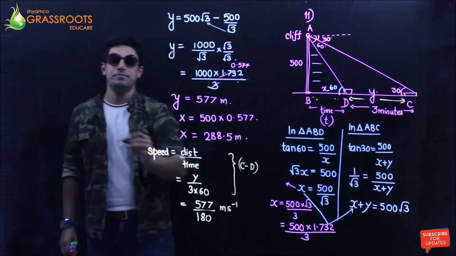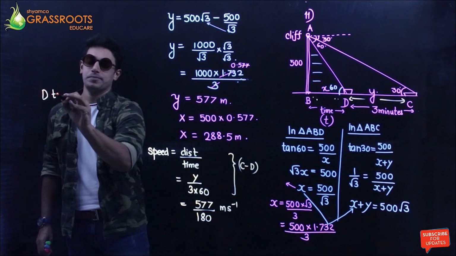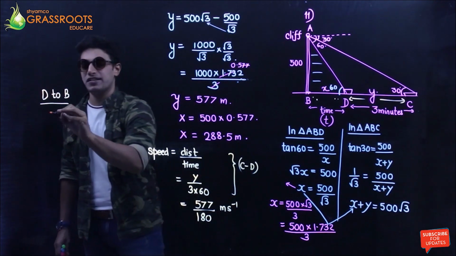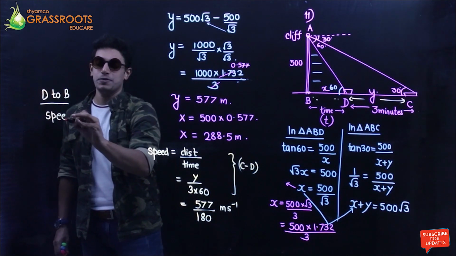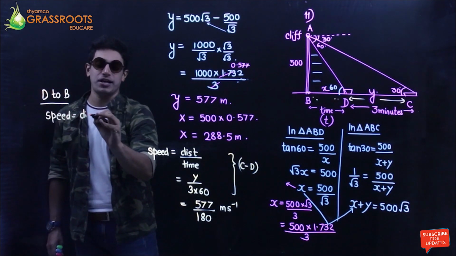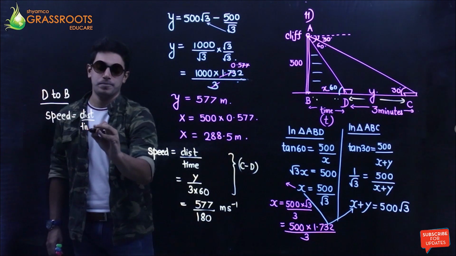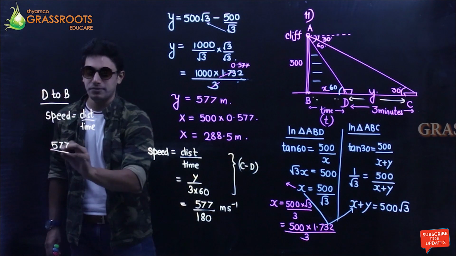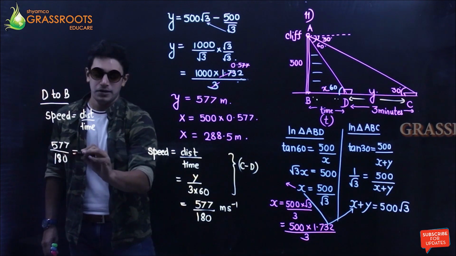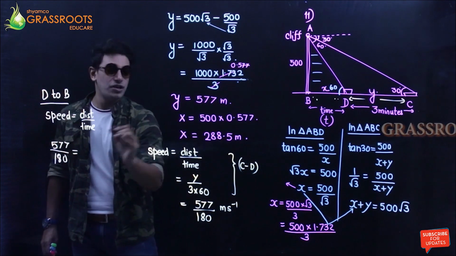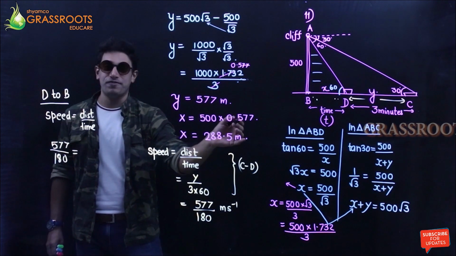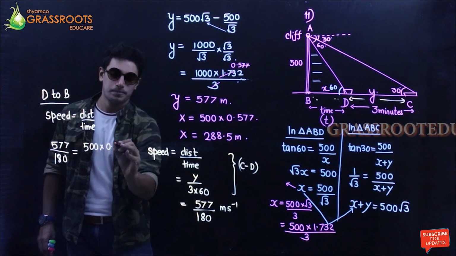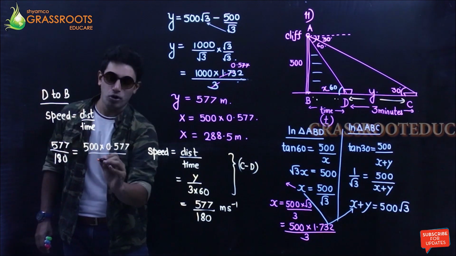Now D to B. D to B also the speed remains the same. Same formula. Speed is equals to distance upon time. The speed is 577 upon 180. Distance is 500 into 0.577, that is X, upon time.